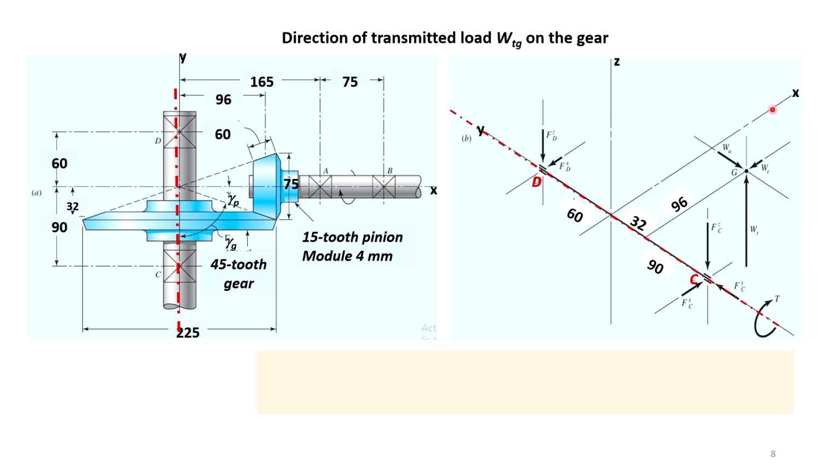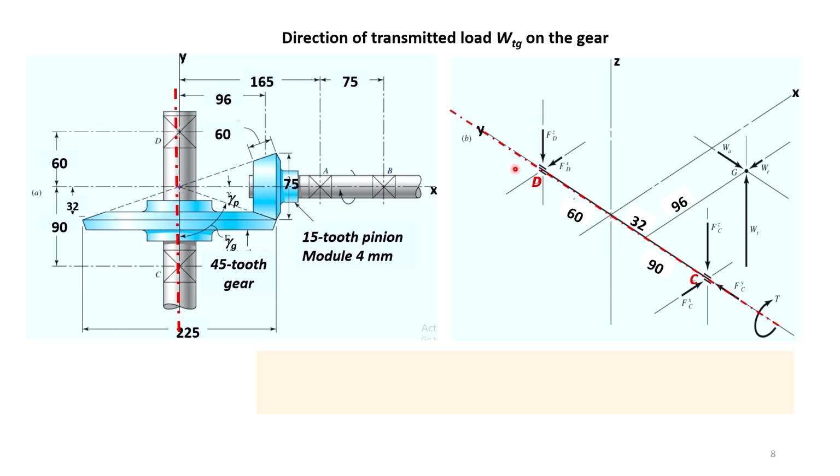This is your x axis, which is the direction of the axis of rotation of the pinion. This is the axis of the gear, and this one is taken as the z axis. The z axis in this figure is perpendicular to the screen.